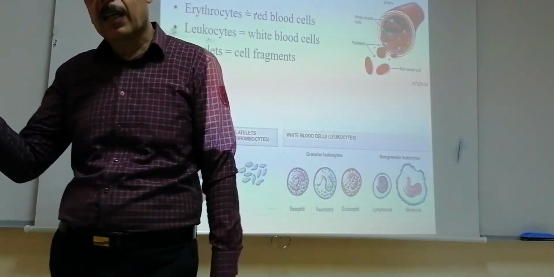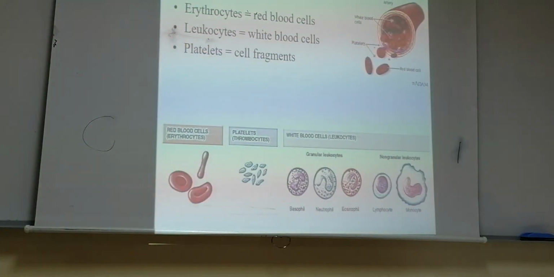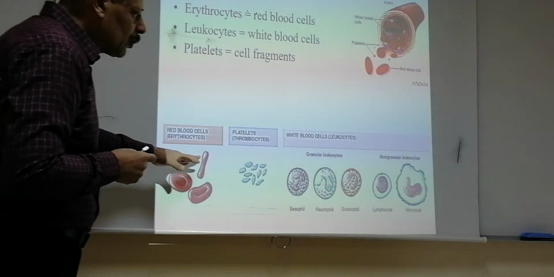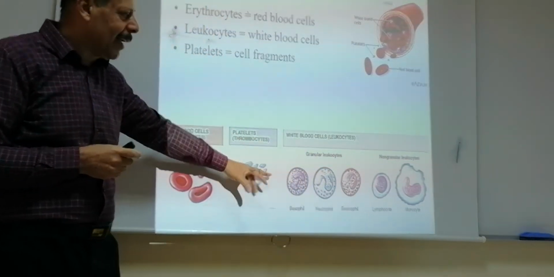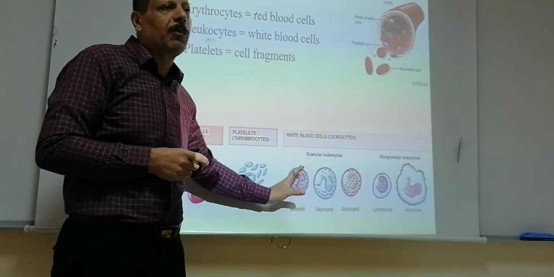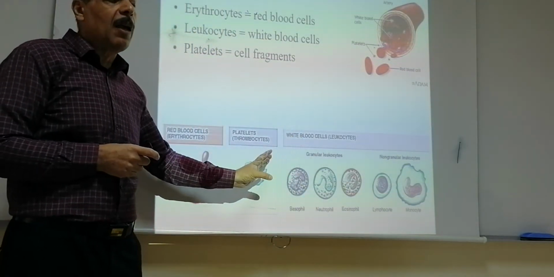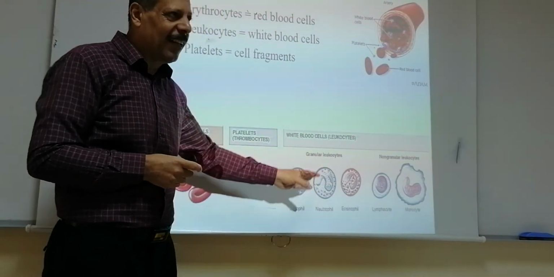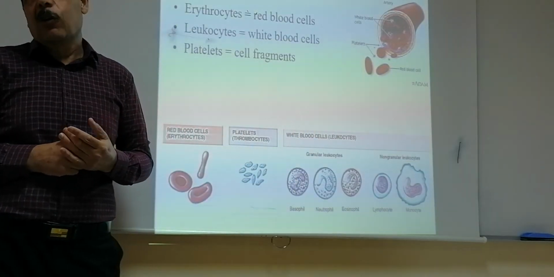So monocytes and lymphocytes do not have those granules. When you take a blood film and look at it under the microscope, you will see it like this. So you can differentiate between the types of white blood cells, the granulocytes and agranulocytes.